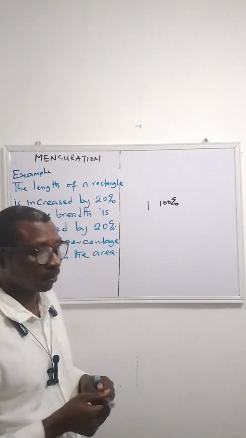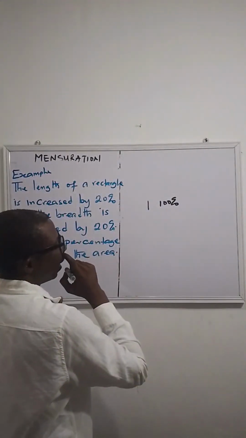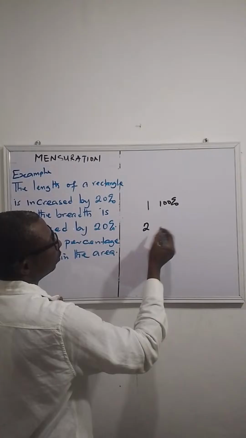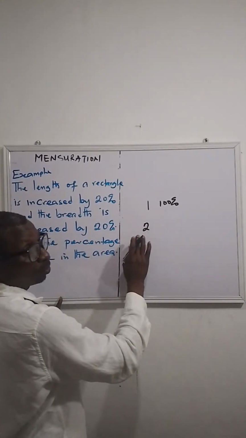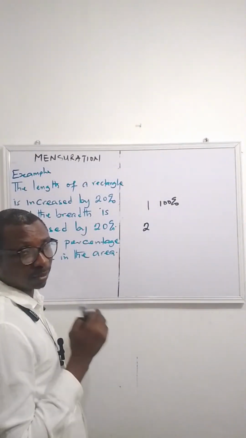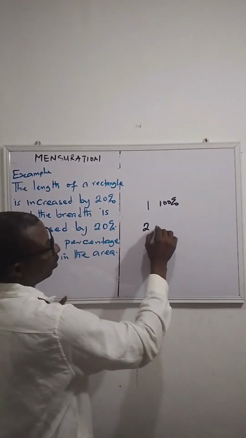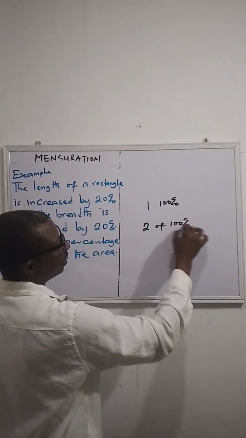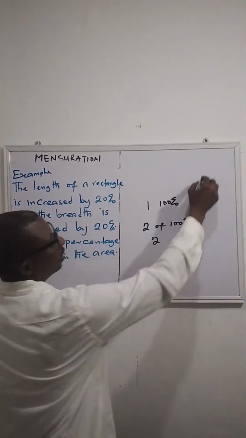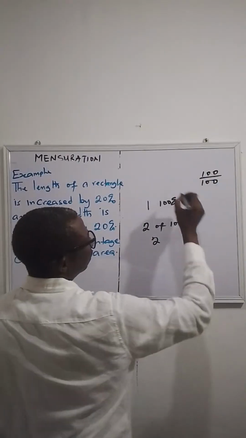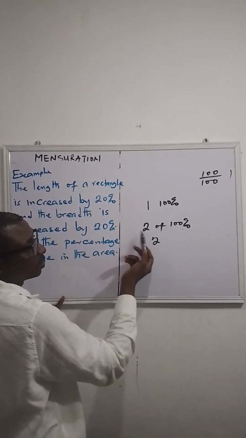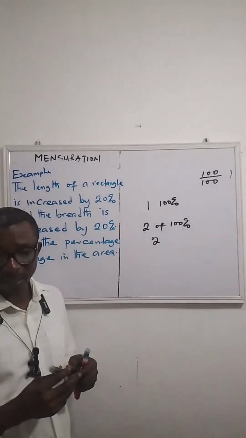Or I say I have 2 loaves of bread. I just have 100% of it. So 100% of it is the same thing as 2 loaves of bread, because 100% is the same thing as 100 over 100, and that gives you 1. So that means we have 1 times 2, and that gives us 2.